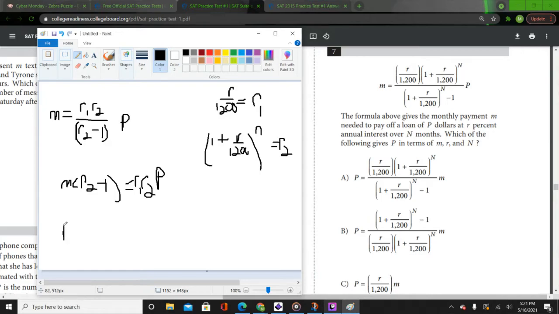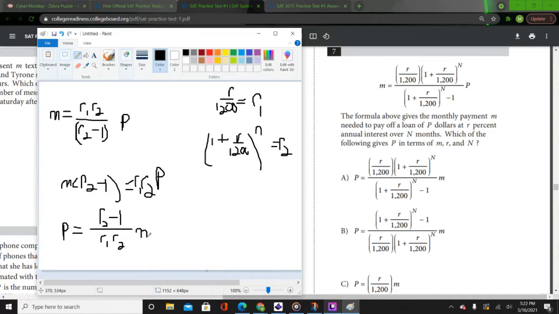So we'll get P is equal to R2 minus 1 over R1, R2 times M. And we could just plug everything back in, but that's our answer. But yeah, that's our answer.